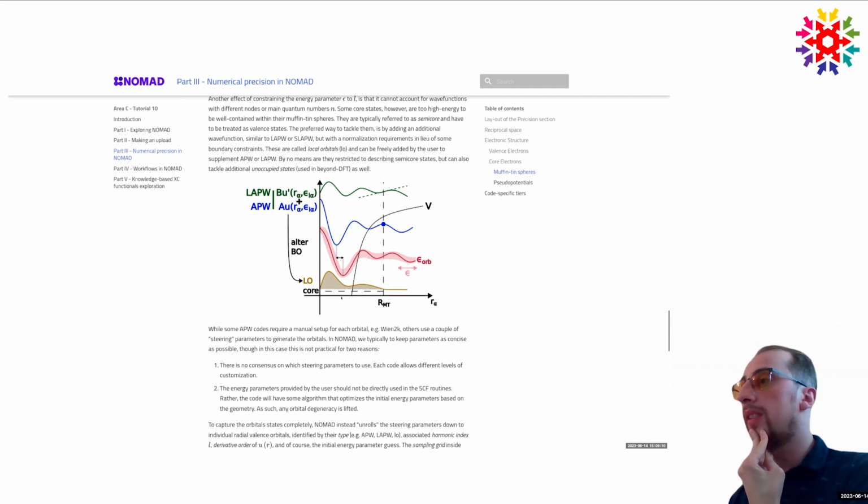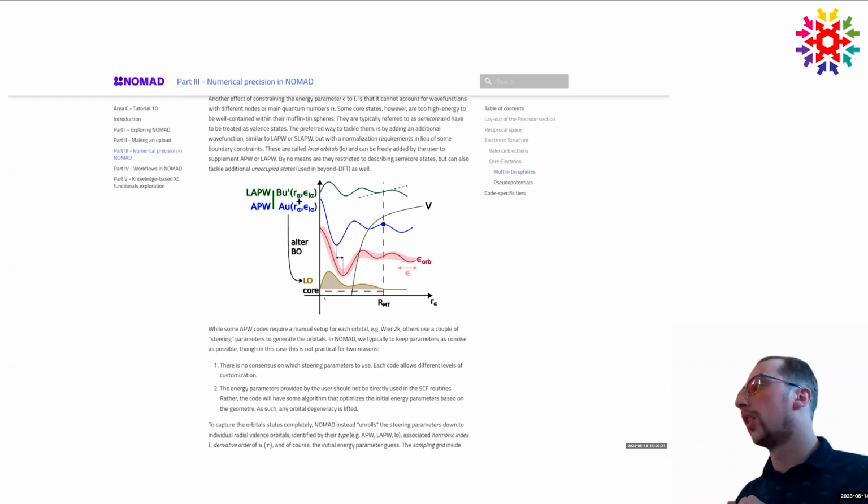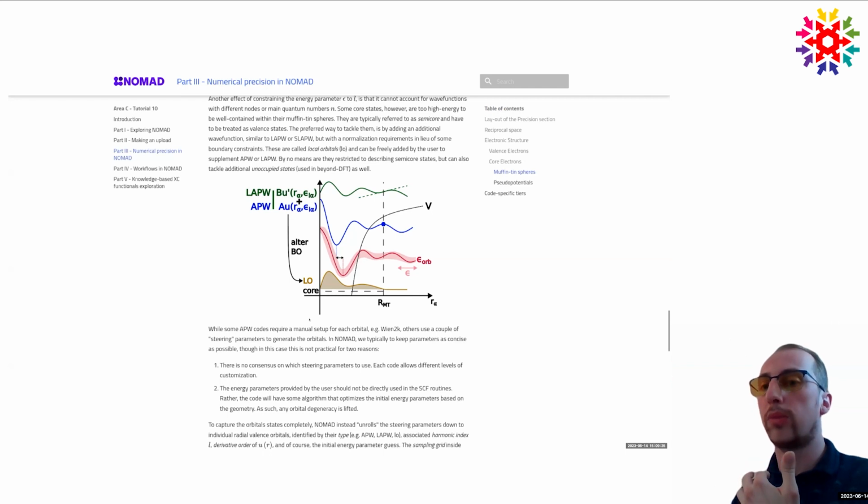Typically, within the muffin tin sphere, you can distinguish between the core electrons and the valence electrons. For the core electrons, because the muffin tin is spherically symmetric, you actually obtain the Dirac equation for a multi-electronic atom, which is pretty standard fare to solve. So this is not the most complex part.